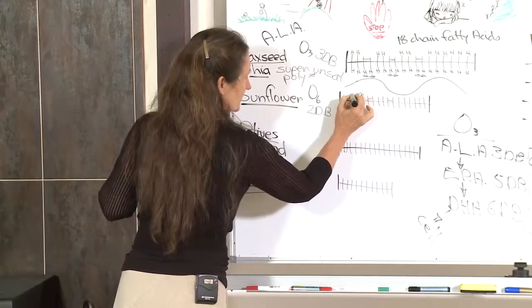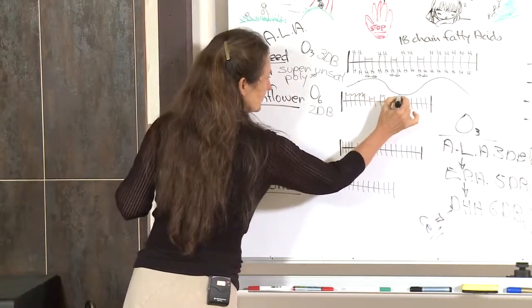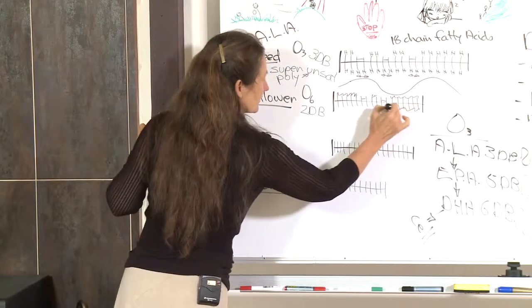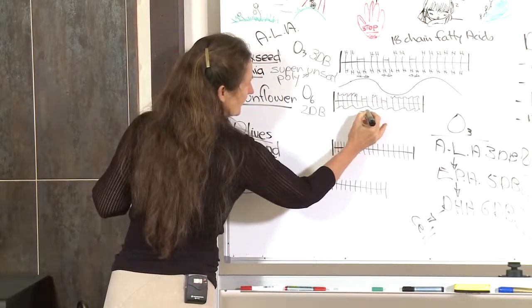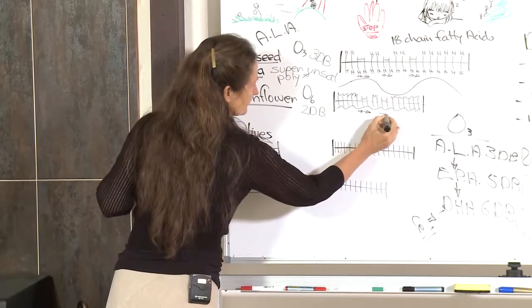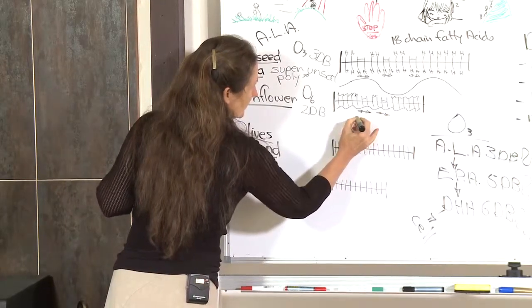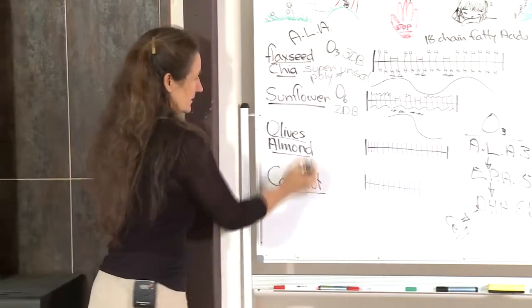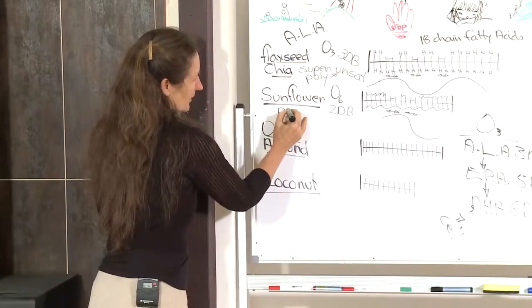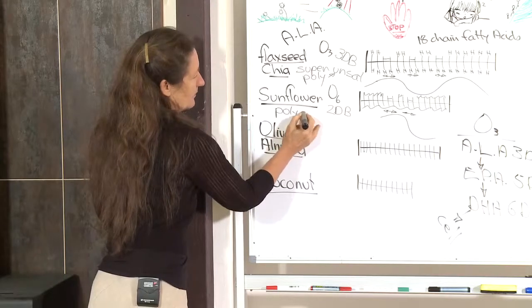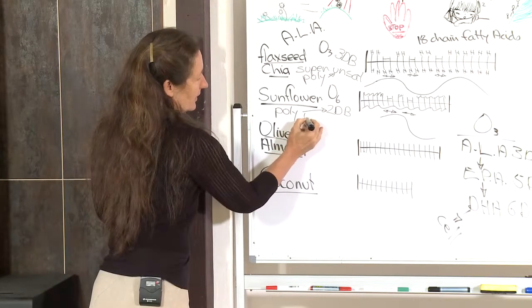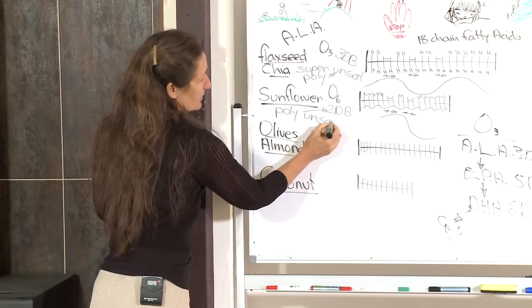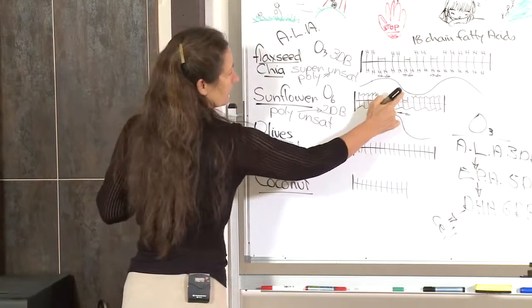So you've got hydrogen atoms here, you've got hydrogen here, you've got hydrogen atoms here, and you've got hydrogen atoms along here, so you've got 2 repelling actions. So the oil has got a couple of kinks in it. It's also called a polyunsaturated fatty acid. Poly meaning more than 1 double bond. Unsaturated because there are some empty spots on the fatty acid chain.